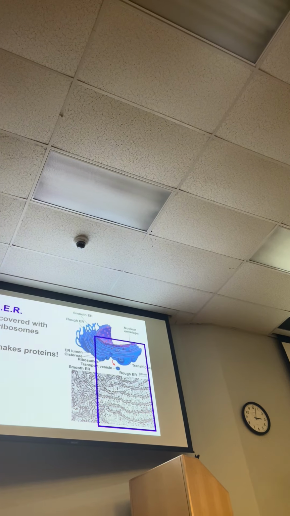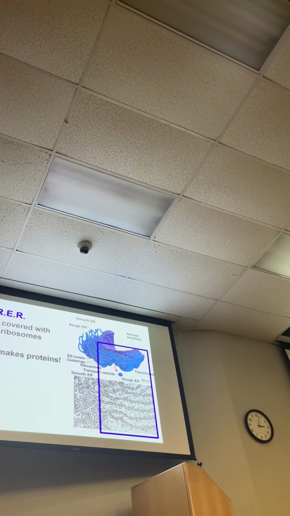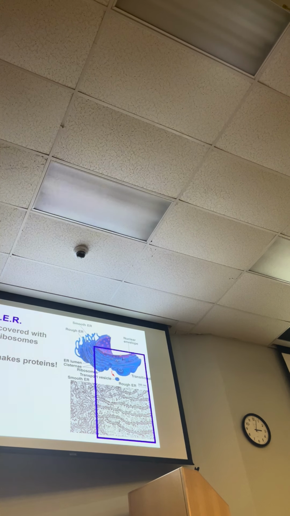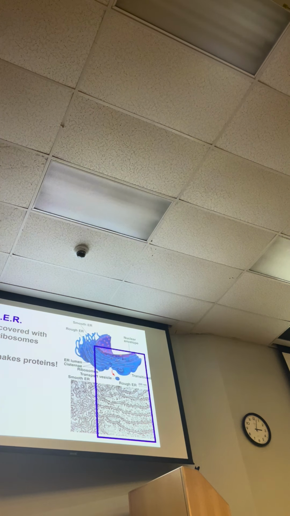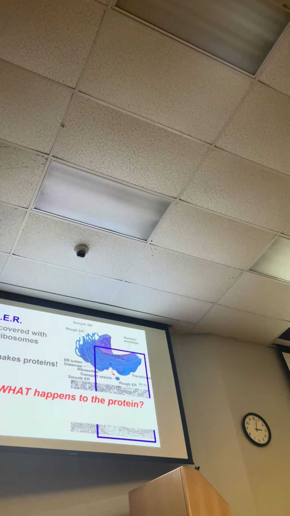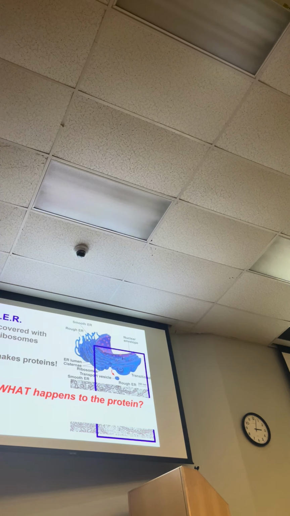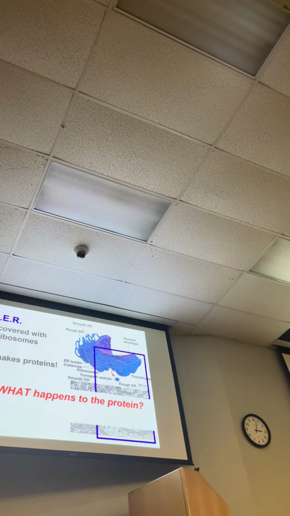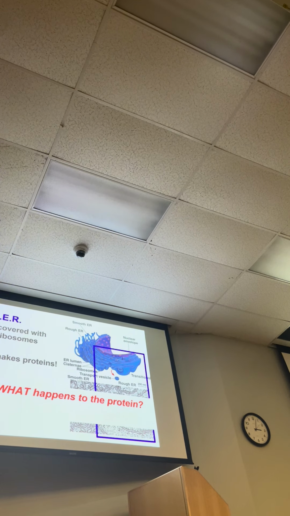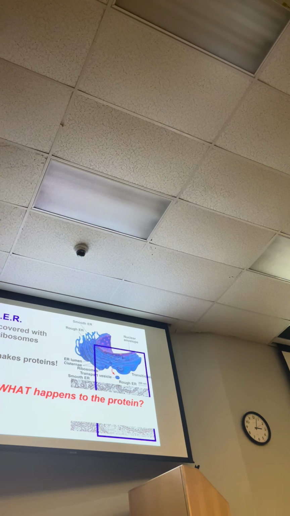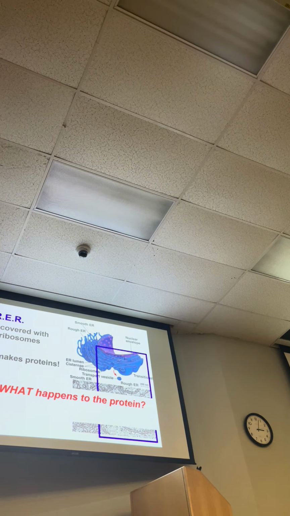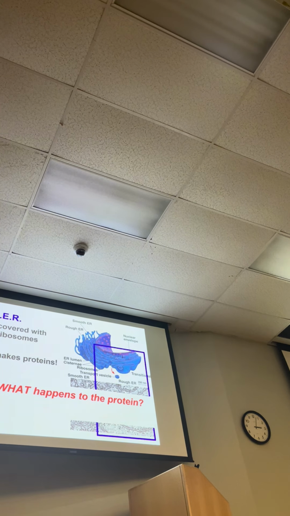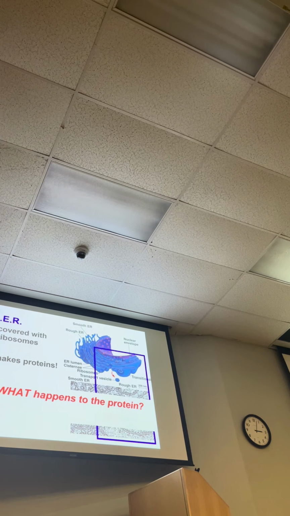Right? The question is, what happens to that protein? That's worth considering. Now, so what happens to the protein? Again, decades of cell biology, I can just tell you in 5 seconds. The protein enters the ER.